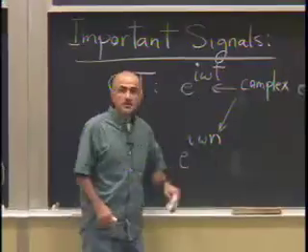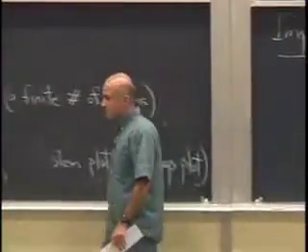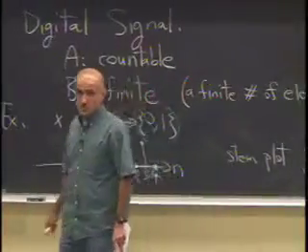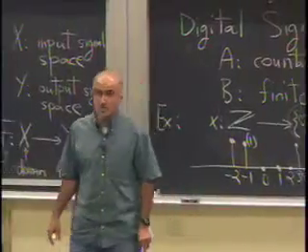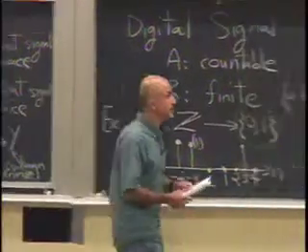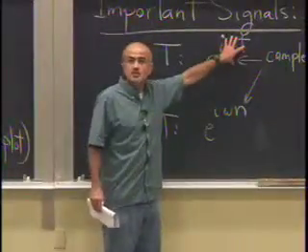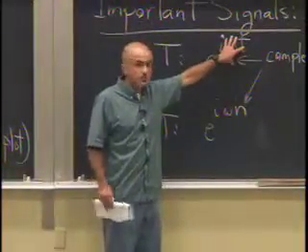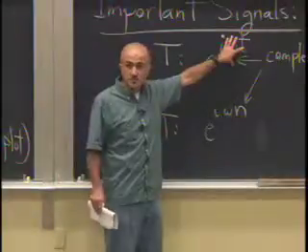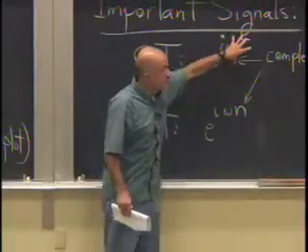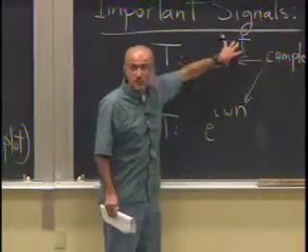The other way is that you can decompose a large class of functions or signals into a combination of these complex exponentials. In other words, you can break down a very broad class of signals into a linear combination of different complex exponentials.